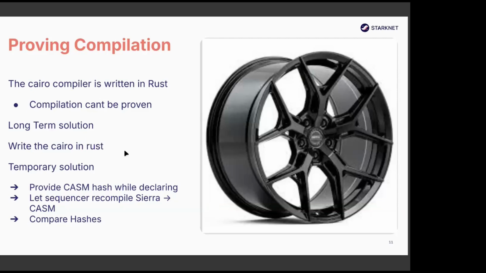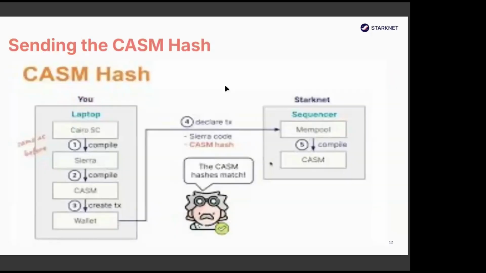But for the meantime, the temporary solution: the Cairo code is compiled by the Cairo VM, and I shared that the Cairo VM is written in Rust.